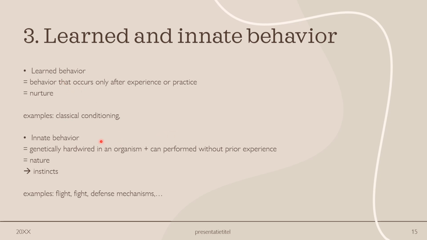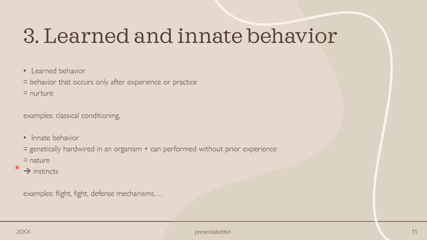The opposite of learned behavior is innate behavior. It's genetically hardwired, and you can perform it mostly by instinct and without prior experience. It's called nature. These are the examples. Learned behavior, most of the time, is more flexible, so you can think about how you will act or react to some responses.